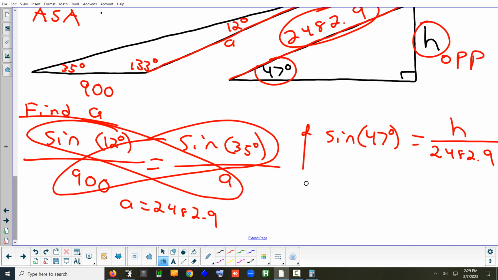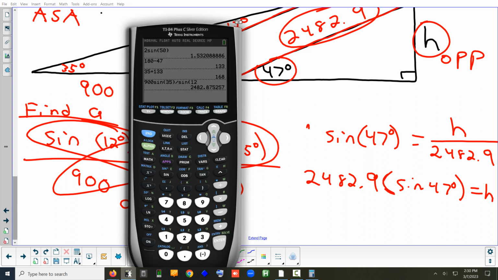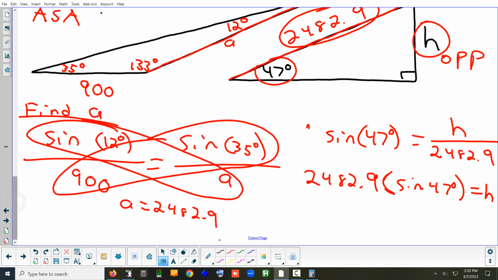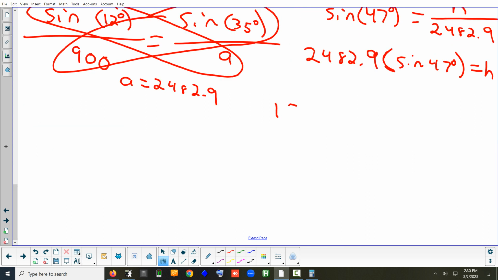So 2482.9 times sine 47, and that's my height. Let's see what the height is. 2482.9 times sine 47. So the height of the mountain is 1,815.9 meters.